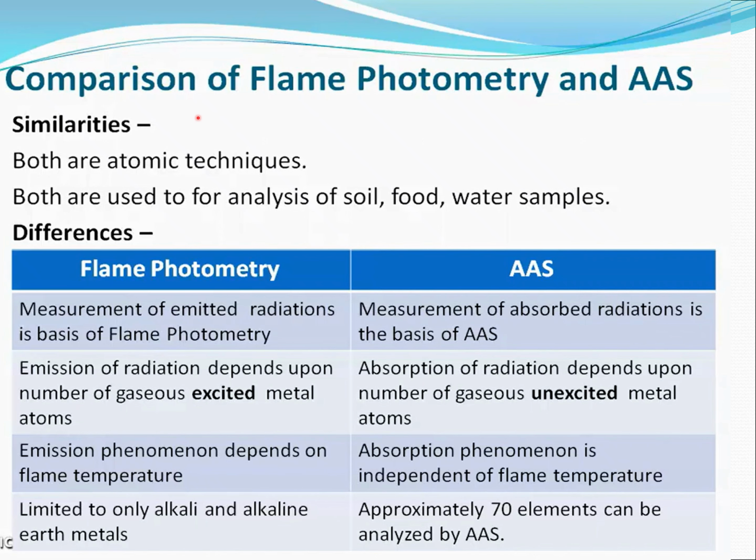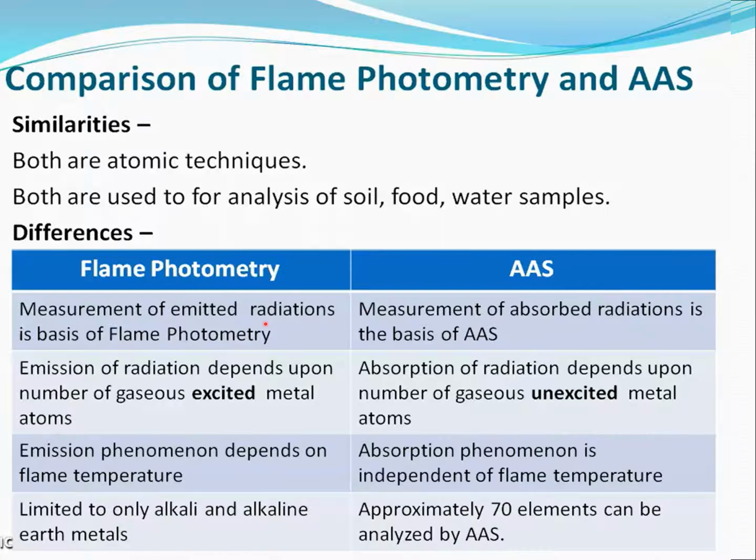However, there are two types of atomic spectroscopy: atomic absorption and atomic emission. Atomic emission spectroscopy is also called flame photometry. These are both atomic techniques and can be used for analysis of soil, food, and water. Both of them are very similar, but the basic difference is in their principle. One is an emission spectroscopy and the other is an absorption spectroscopy.